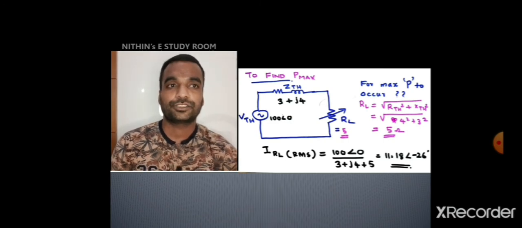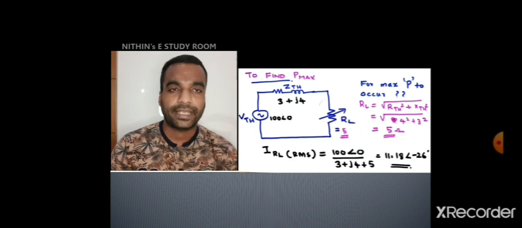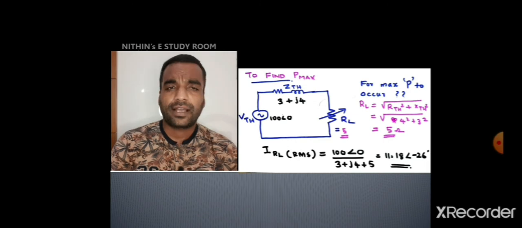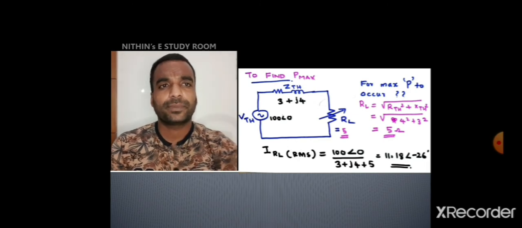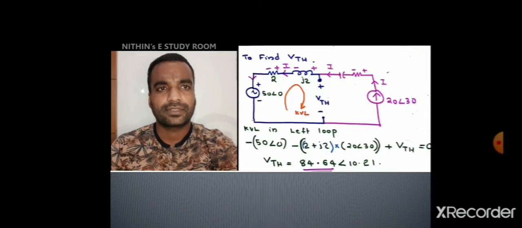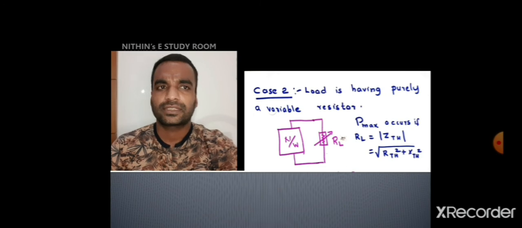That is the special case of case 2. I hope everybody remembers this step. If you have any confusion, we can refer to case 2 once more. This was case 2.